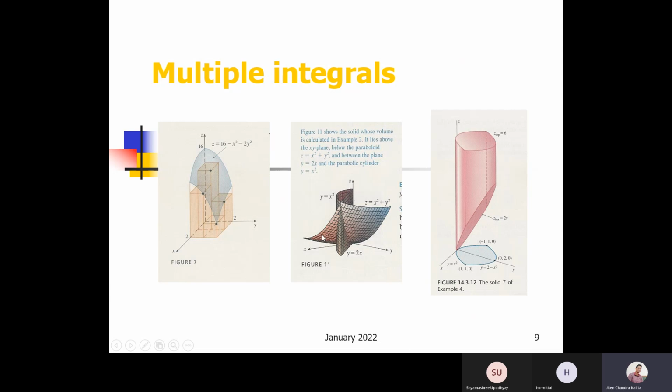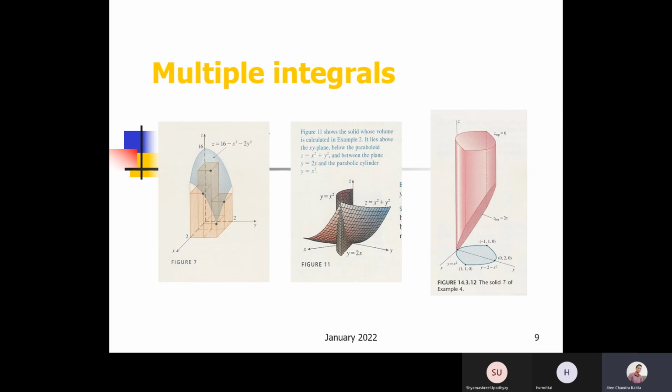It lies above the xy plane, below the paraboloid z equal to x squared plus y squared, and between the planes y equal to 2x and y equal to x squared. So it looks quite complicated, and I have to find out the volume of the red region.